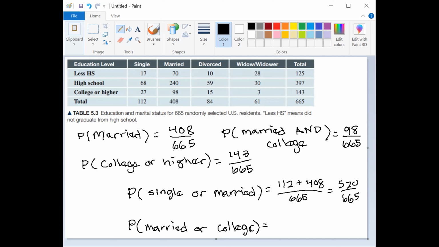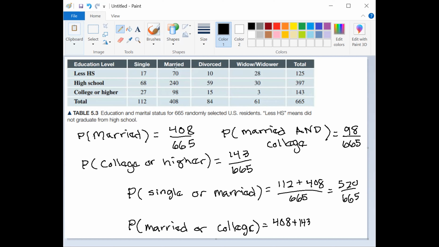All right, so we've got married or college. So if we take a look at this, here's our married column, right? So we've got 408. Or college, so here's our college column, that's 143.